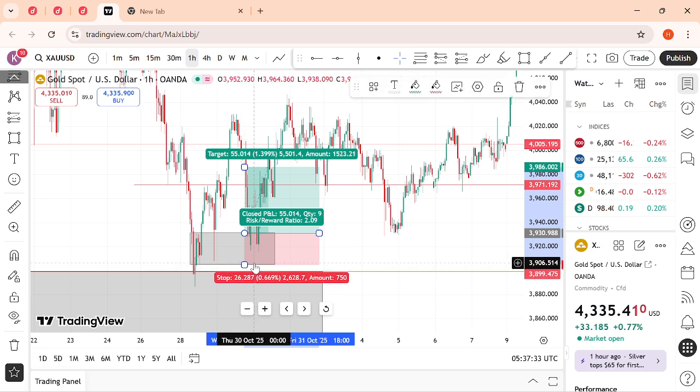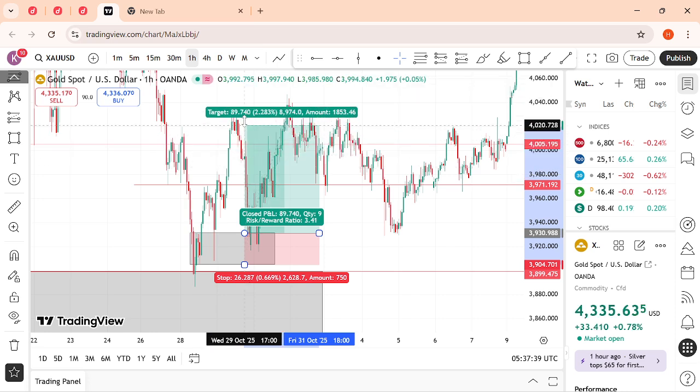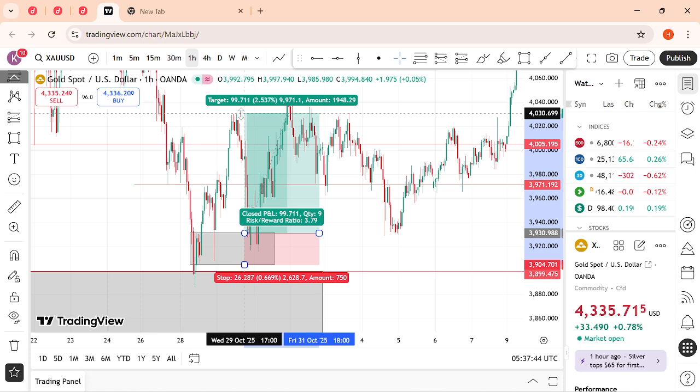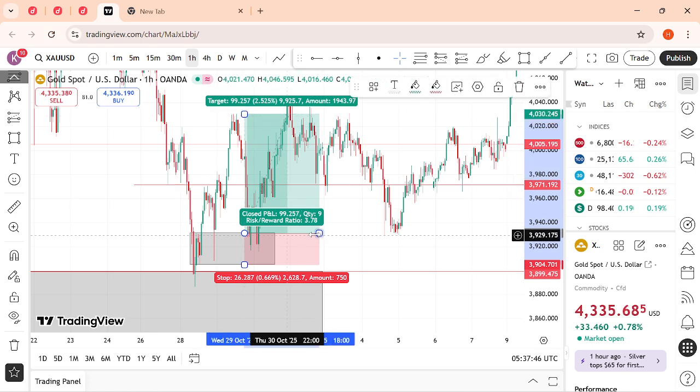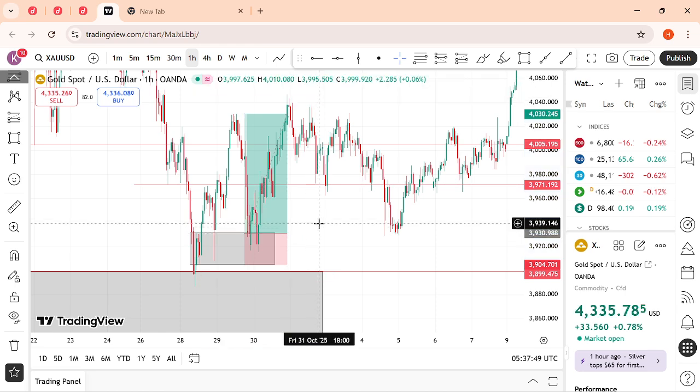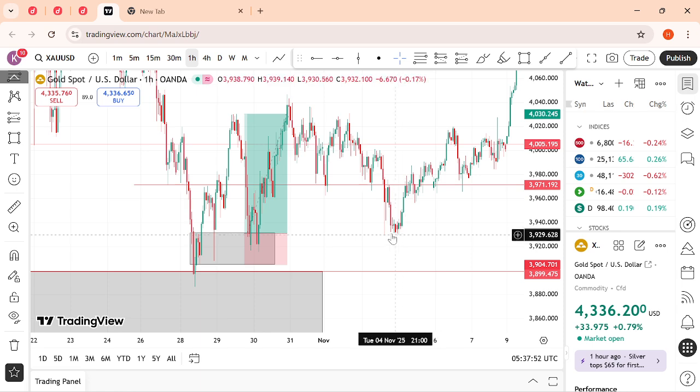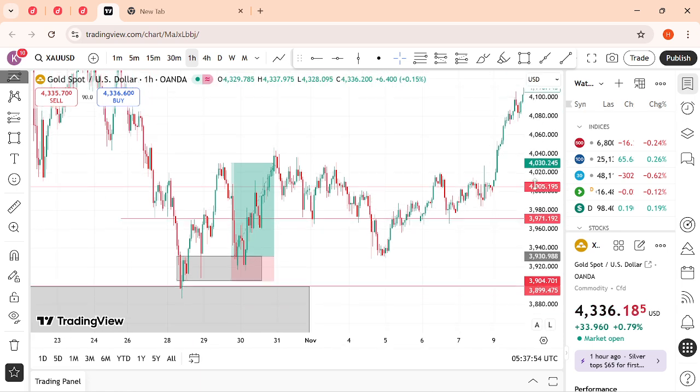So if you want to shrink your analysis to a smaller time frame, you just have to go to the smaller time frame to pick your entry. Now this is going to be the take profit. So this basically is the take profit for this particular trade, and it played out nicely.